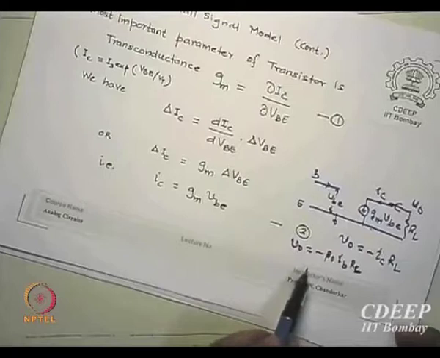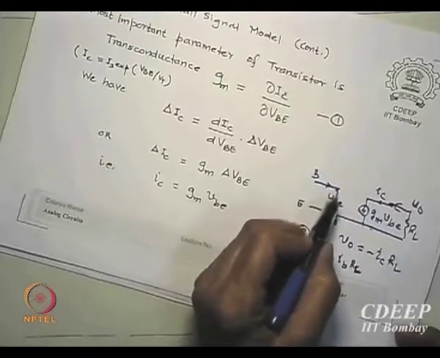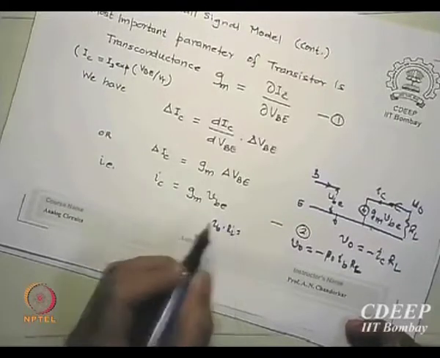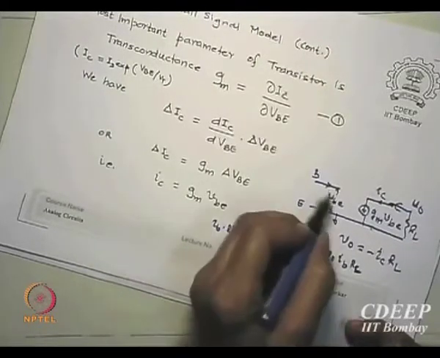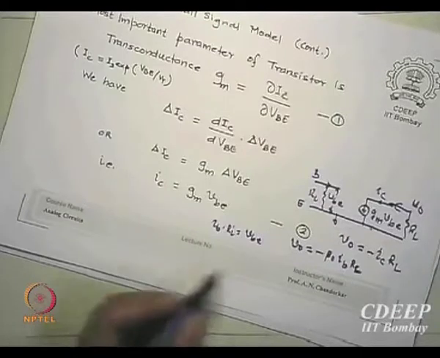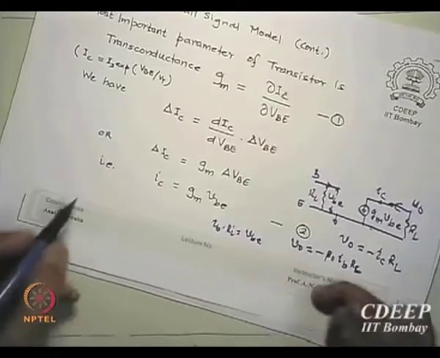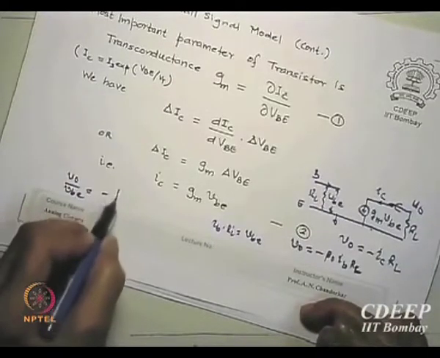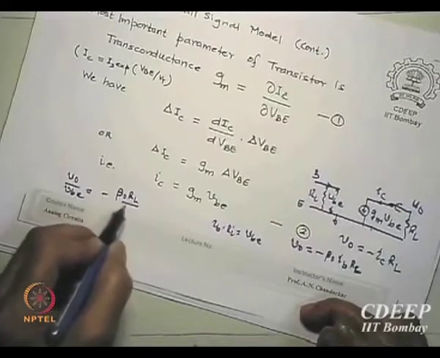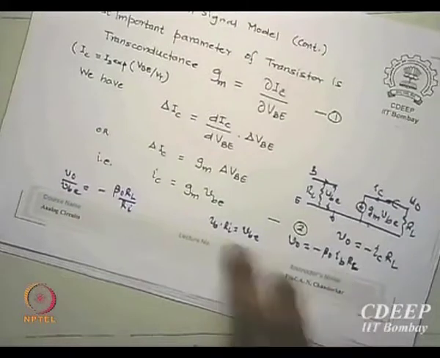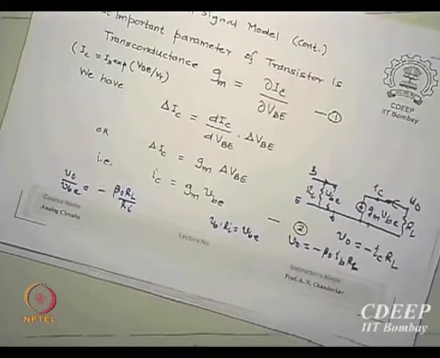V0 is IC RL, and for VBE, let's say we put a small resistance here, RI, so RI times IB is equal to VBE. So if I substitute here, I can get V0 by VBE is equal to minus beta 0 RL by RI. Is that okay? Just substitute IB from here and collect the terms, is that correct?